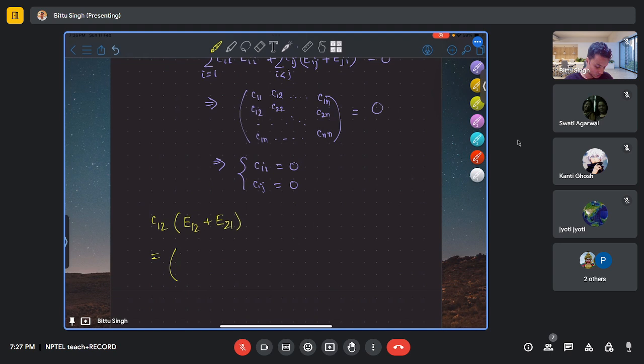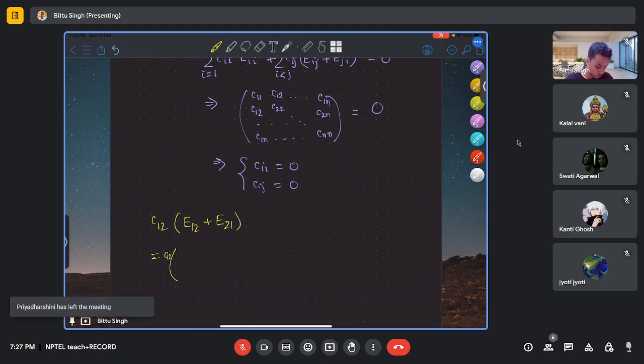E12 means it is the same as C12 times, at the 1,2 position it will be 1, and everywhere else it will be 0. Except this, everything is 0. Similarly, C12 times, at the 2,1 position it will be 1, and everywhere else it will be 0.